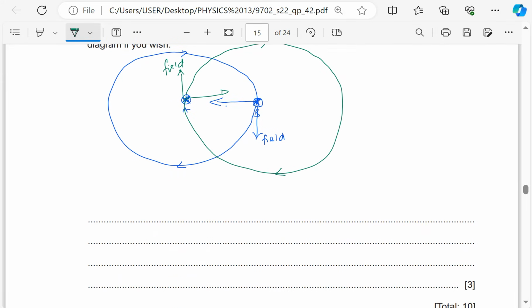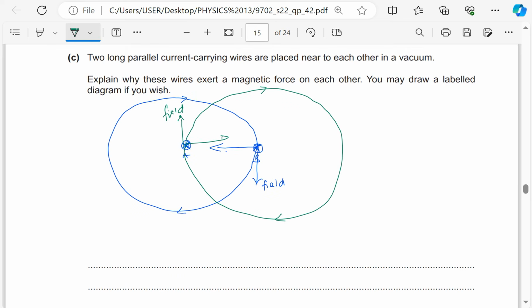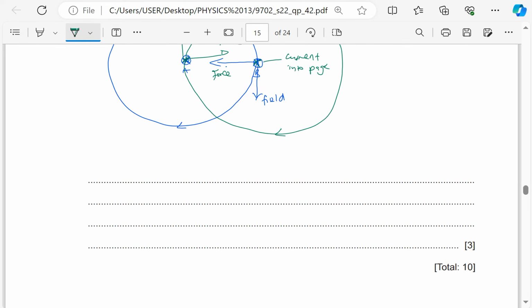To put this in words, I can label this. This is a current into the page. It is a cross. These arrows are showing force. Okay, I can still put this in writing, although the diagram is good.